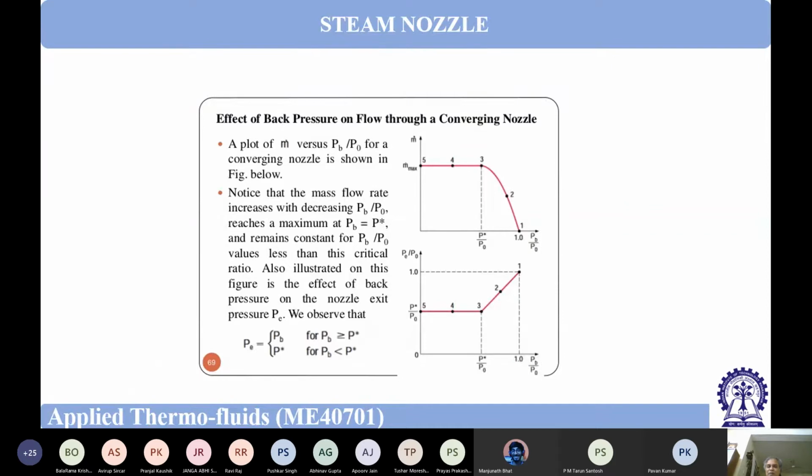So they will not be ready for further expansion. That's why we will have some sort of a choking condition or critical condition. And it is possible only when the fluid is compressible, because only in a compressible fluid does the disturbance move with the local sonic velocity.